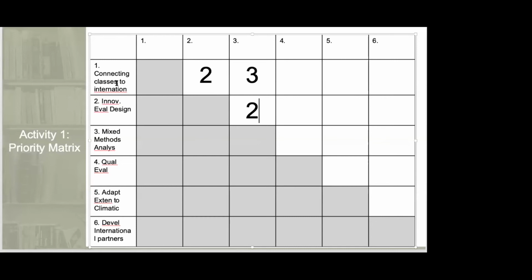Now we'll be comparing number 1 and number 4. Number 1 is connecting classrooms to international opportunities, and number 4 is qualitative evaluation. Please raise your hand if you would prioritize connecting classes to international opportunities. Thank you. And now please raise your hand if you prioritize qualitative evaluation.